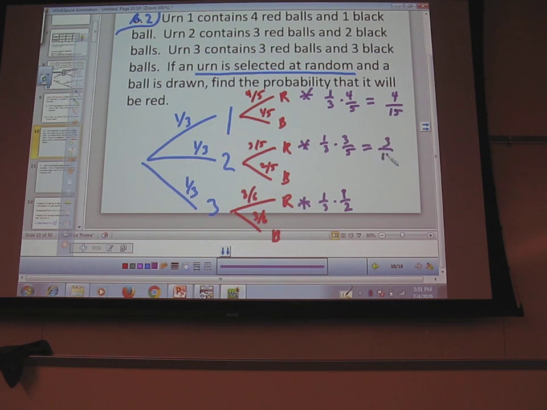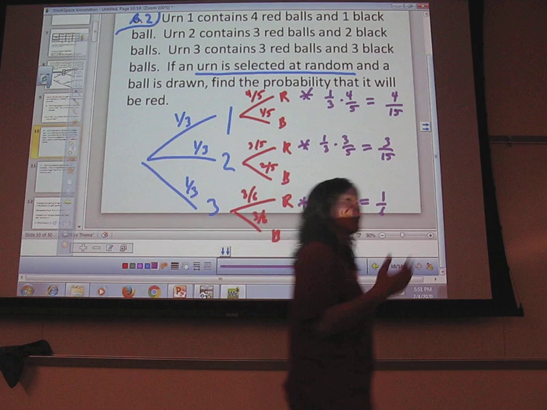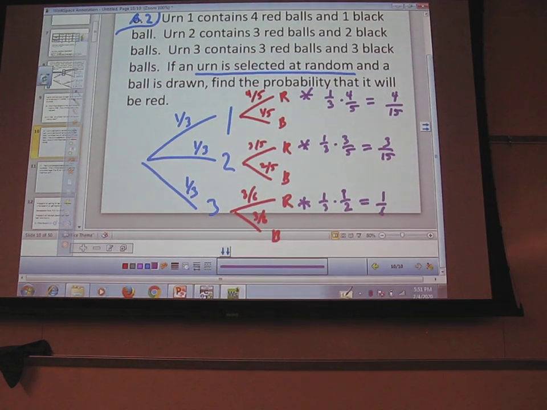Or you could just do this in your homework. On your homework, you're going to put this in as a decimal, so you can just multiply those and do them on your calculator and just give yourself at least 4 or 5 decimals, because it wants you to round them to 3 decimal places when you put them in.